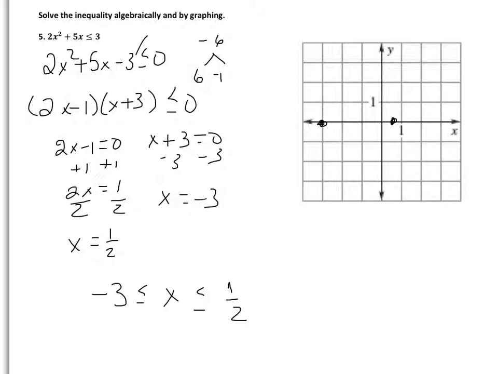So then what we just need to get now is the vertex. So x equals negative b over 2a. So you'd get negative 5/4. Plug that in, and you get negative 49/8, which is negative 6.125.